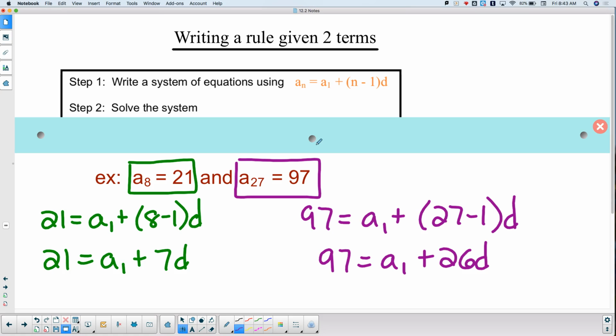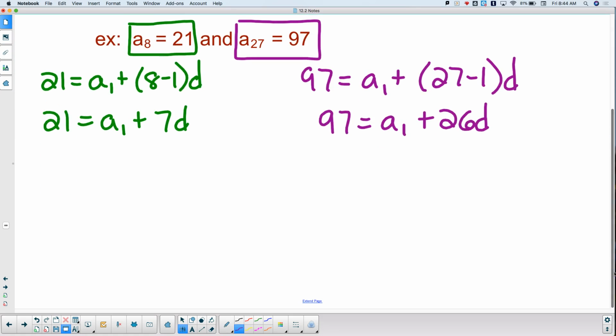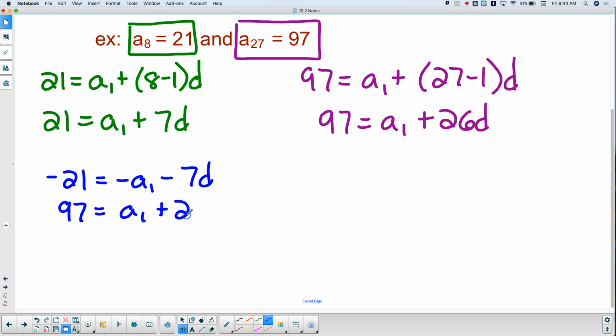So all I've got to do is multiply one of my equations by a negative 1. I'm going to pick multiplying the green one by negative 1. Then regular purple. Add them together.